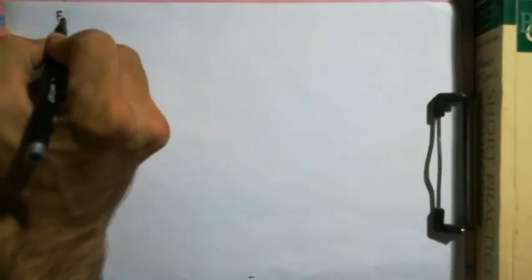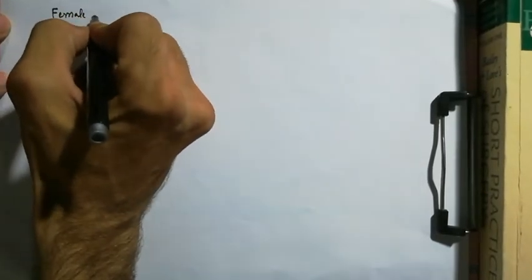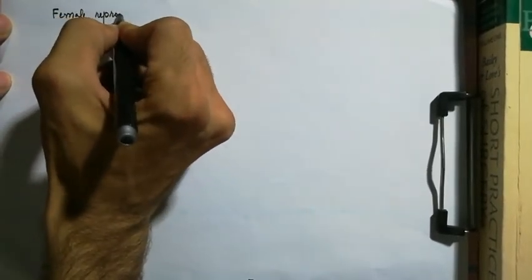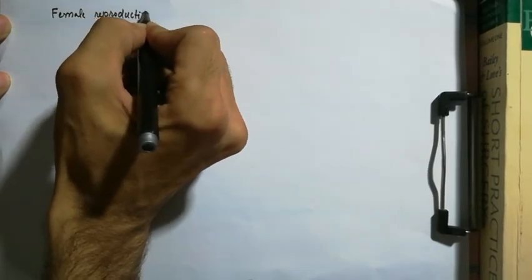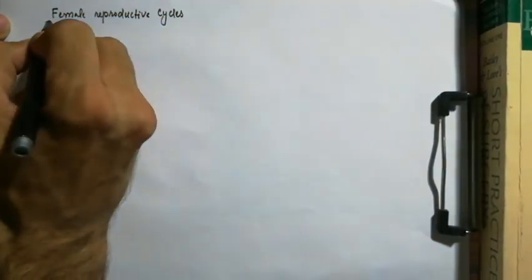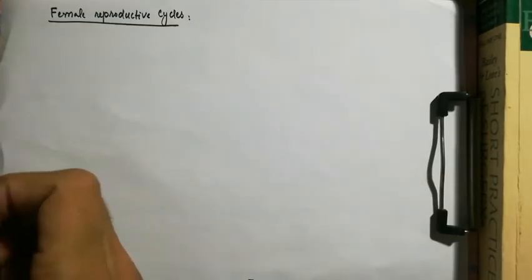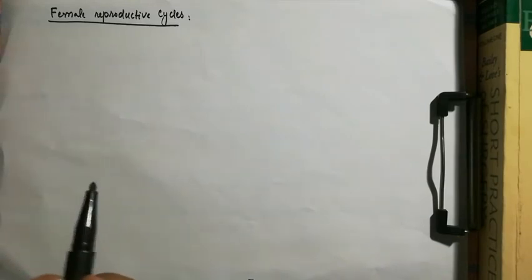Female reproductive cycles begin at puberty, and these cycles are under the control of different hormones which are secreted from hypothalamus, anterior pituitary gland and ovaries. First, let me make a diagram.